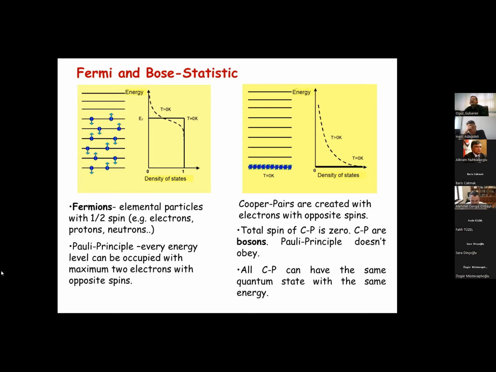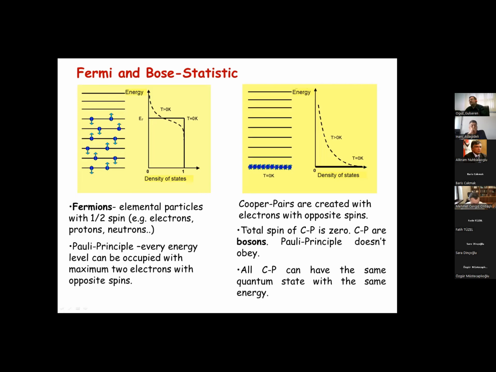The Pauli exclusion principle says that in each state you cannot accommodate particles with the same quantum number. So what does that mean? Since electron has spin 1/2, you can accommodate only 1 up, 1 down electron for each quantum state. Then it obeys the Fermi-Dirac distribution and so on.